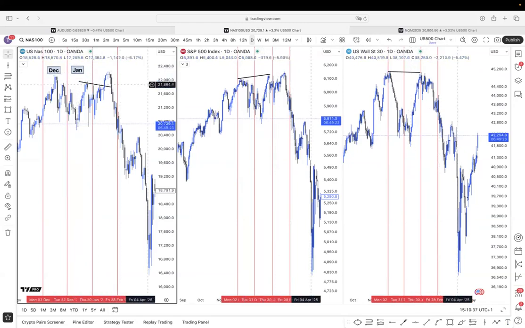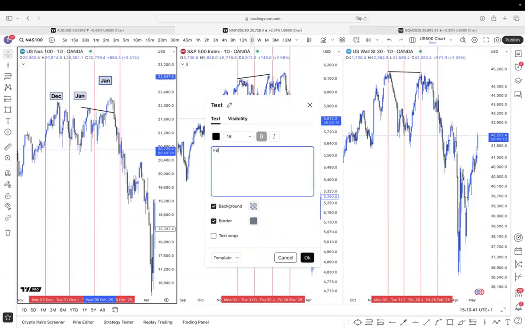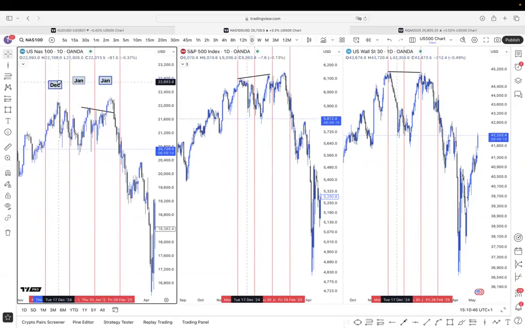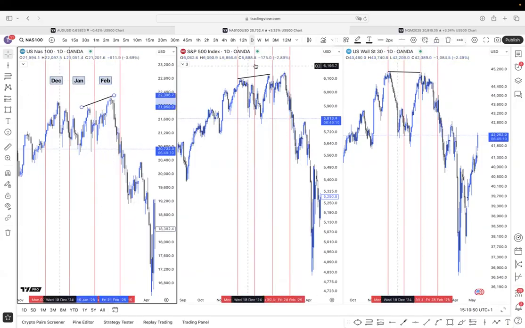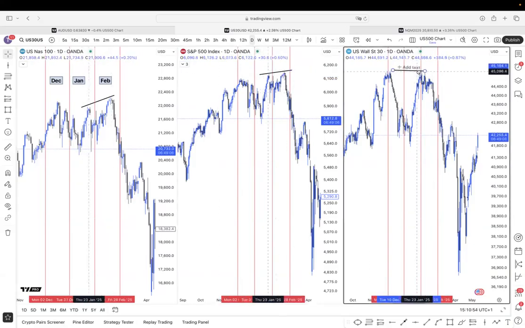And again, just for the sake of clarity, if we just bring this over to February, the high that was created between January and February, if we look at what actually happened here, you will see we created a high in January on the US 30.